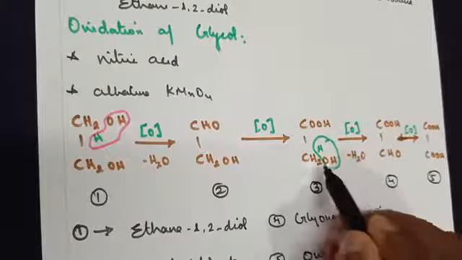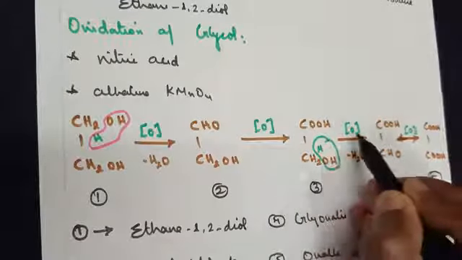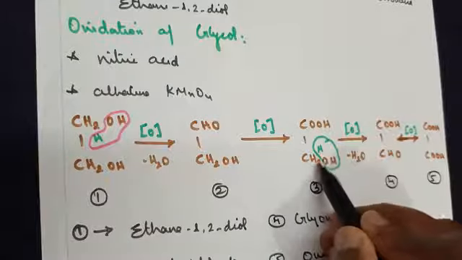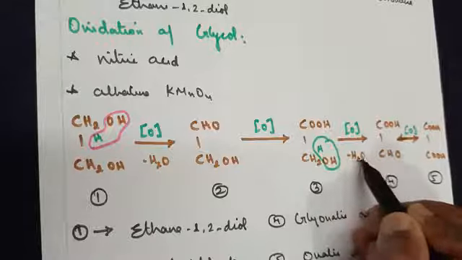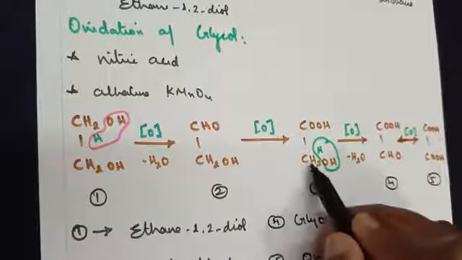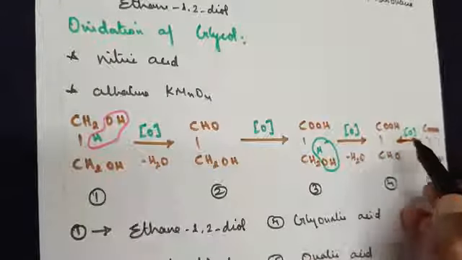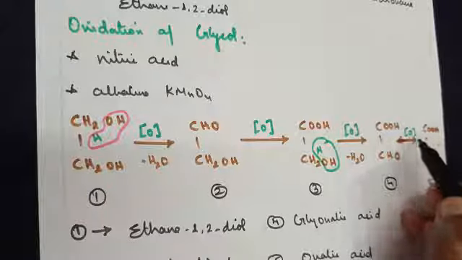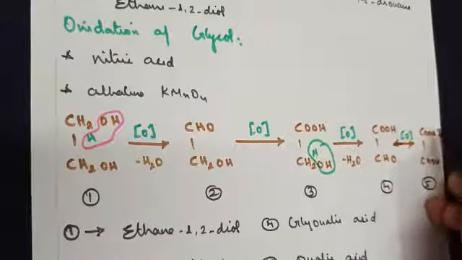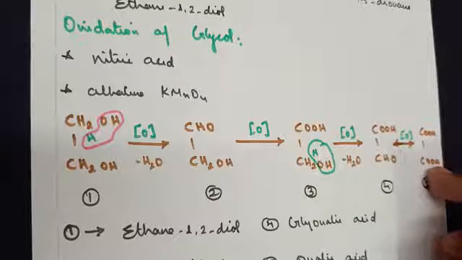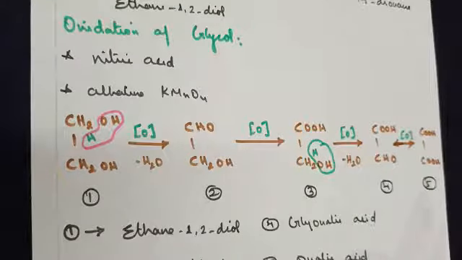Now the lower one, CH2OH. Further, when you treat with oxygen, out of the CH2, 1 hydrogen combines with the OH and goes out as a water molecule. So we are left with CHO. Further, when you are oxidizing, another addition of oxygen takes place. So the lower one also is converted into COOH.